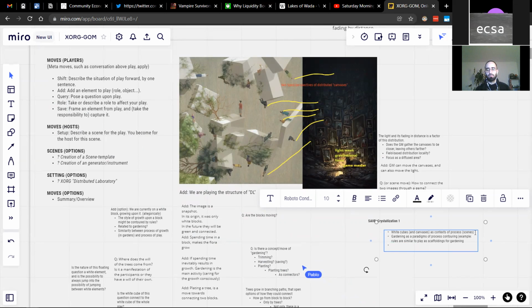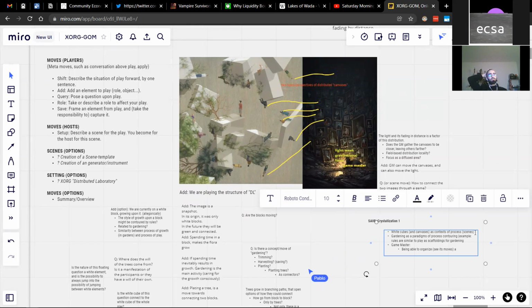Okay. What else? You had the game master functions, subtly nudging processes in a direction. Let's put the game master there, able to organize, see its moves.